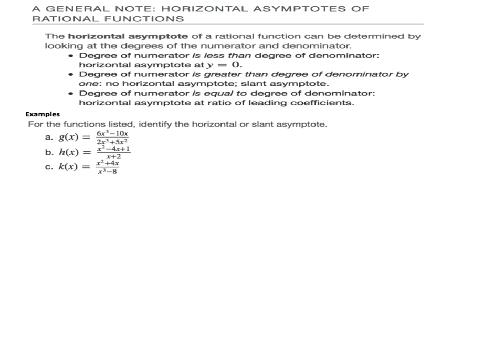Okay, so finding horizontal or slant asymptotes. Let's take this first case here. The first case, g of x equals 6x cubed minus 10x over 2x cubed plus 5x squared. Notice the degree of my numerator is equal to the degree of my denominator.